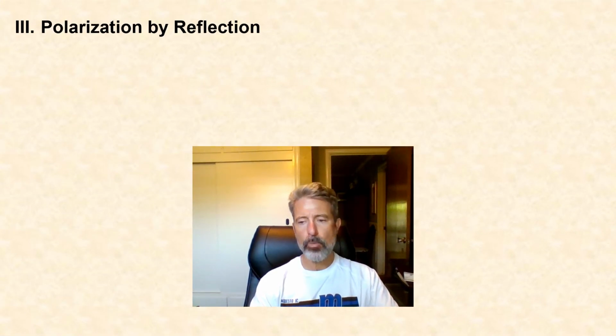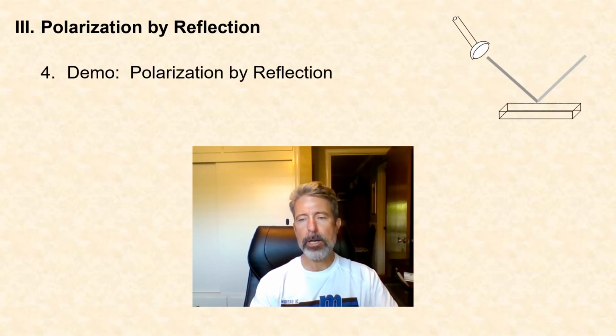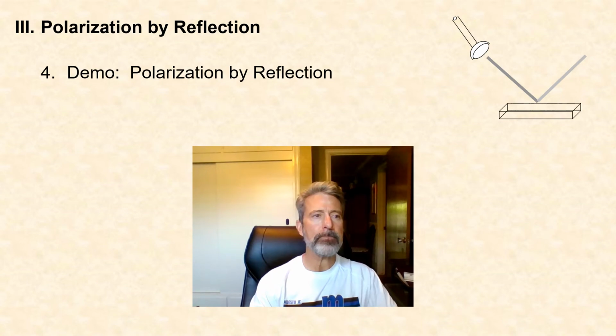In the next slide, we will try to demonstrate this phenomenon called polarization by reflection by looking at unpolarized light that is reflected off of a smooth surface, and with the help of a Polaroid filter, being able to determine the degree of polarization of the reflected light. So what you're looking at here is light from a focusable flashlight that is reflected off of a glass surface.